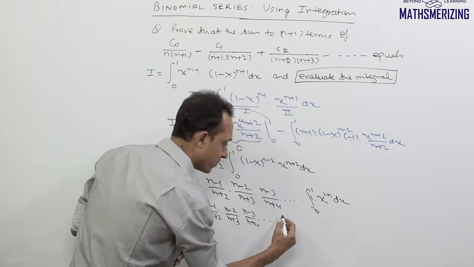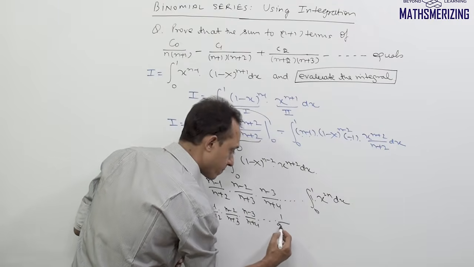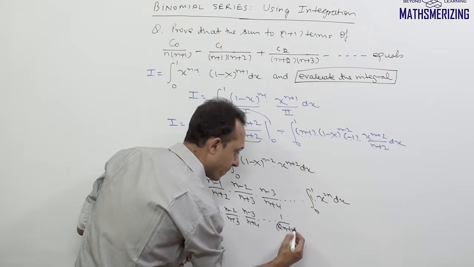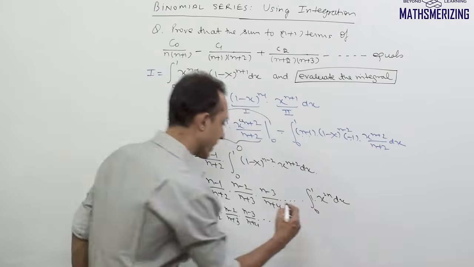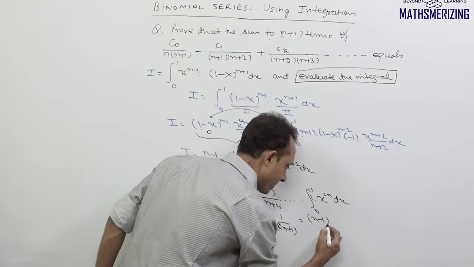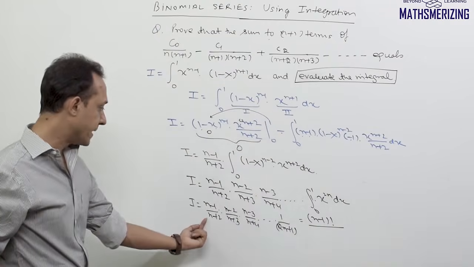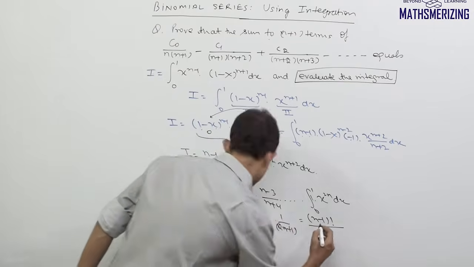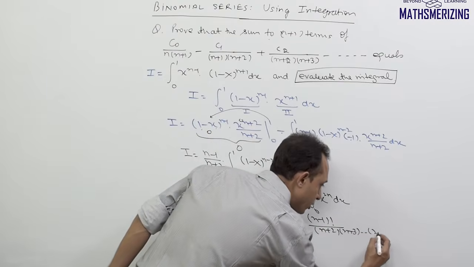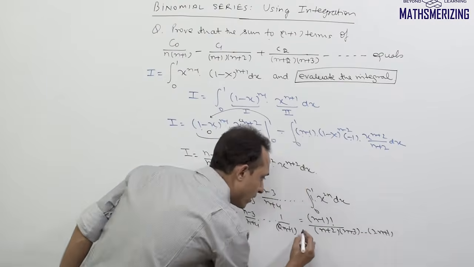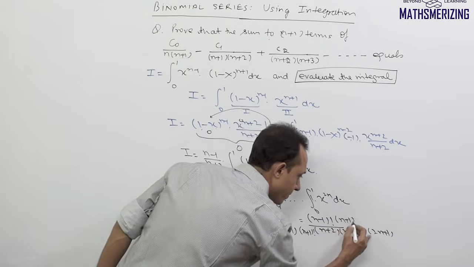Here x to the power 2n plus 1 will be 1, and then upon 2n plus 1. So the numerator is 1 into 2 into 3 up to n minus 1, so I can write it as factorial n minus 1. And the denominator is n plus 2, n plus 3 up to 2n plus 1. So what I'll do is multiply and divide it with factorial n plus 1.